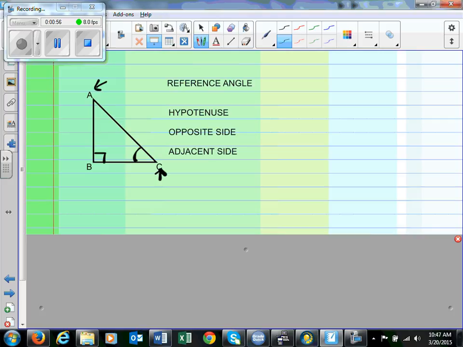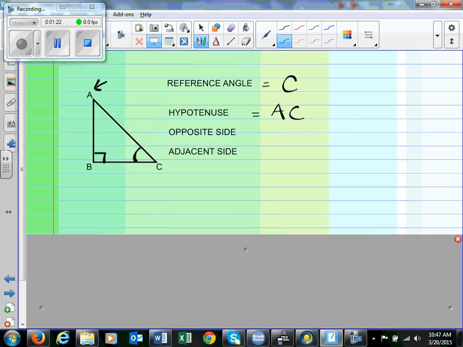So with respect to the reference angle, we are going to identify the opposite side, adjacent side, and hypotenuse. So in the triangle ABC, let's call the reference angle C. The hypotenuse in this triangle ABC is AC.